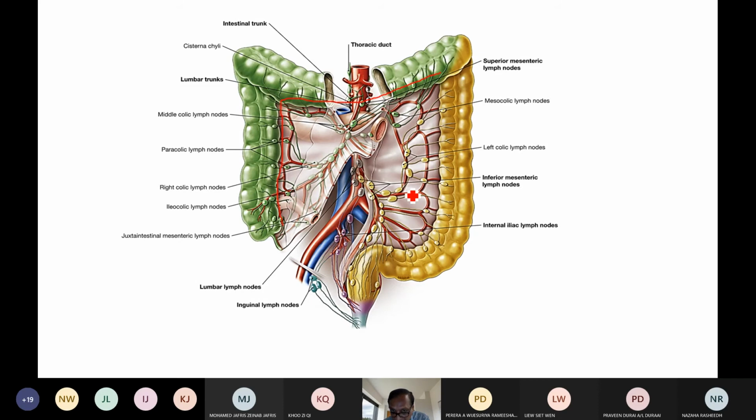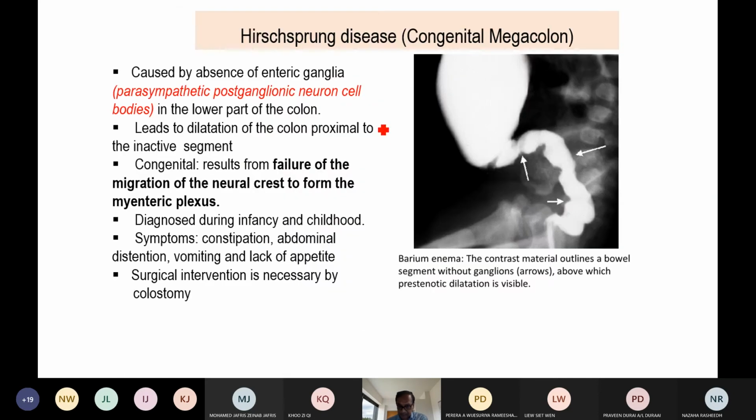Both superior mesenteric and inferior mesenteric nodes go in front of the aorta, forming pre-aortic or para-aortic nodes, and ultimately the lymphatic channel here is the thoracic duct. Thoracic duct will carry the lymph towards the upper part in the thorax.